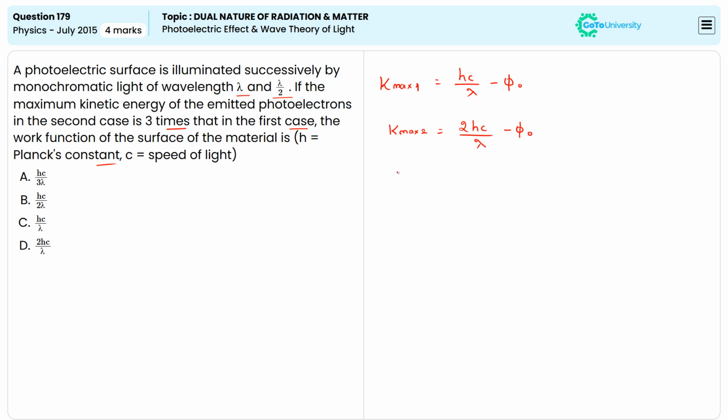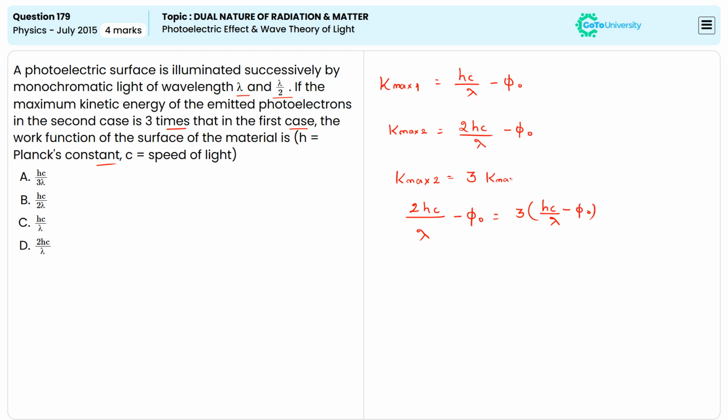Then the given is that K max 2 is equal to 3 times K max 1. Which is nothing but 2 times hc divided by lambda minus phi naught is equal to 3 times hc divided by lambda minus phi naught.